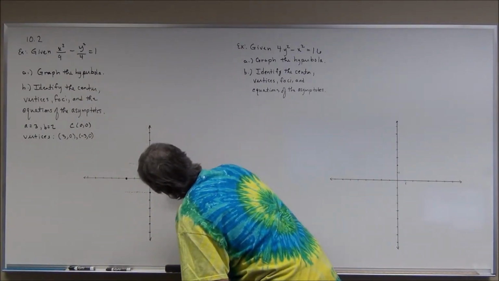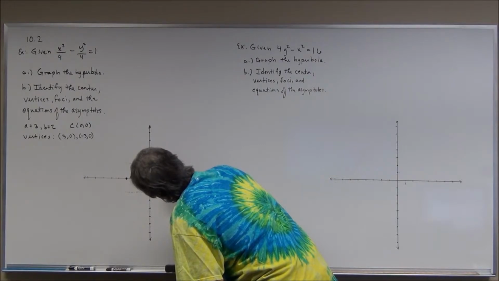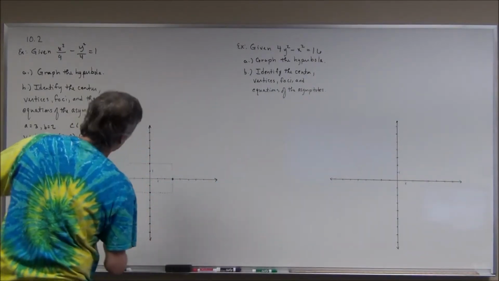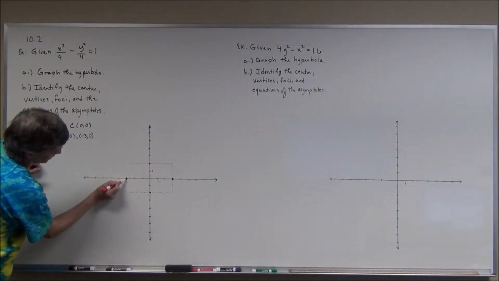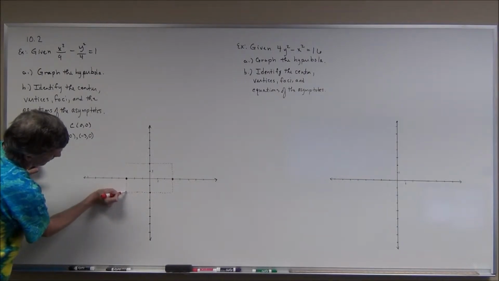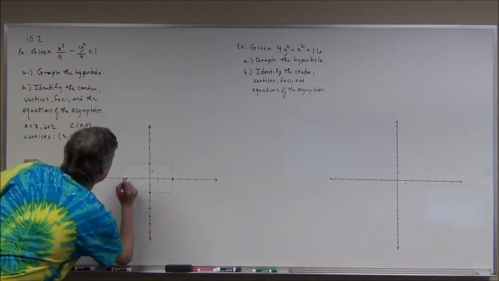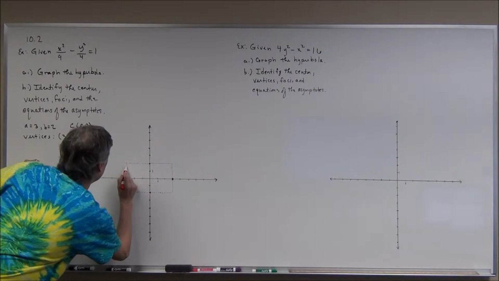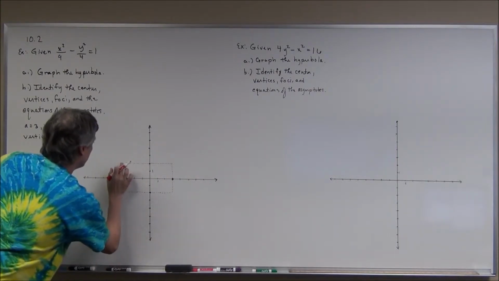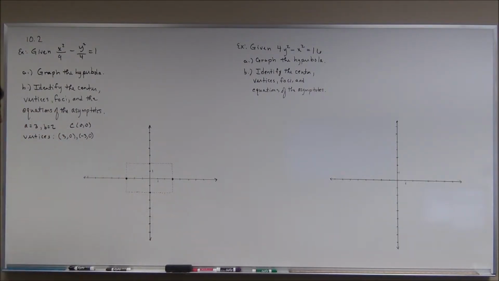I told you to get a ruler and be neat. I'm trying to at least be neat. That's a little shaky. Okay, that would be my representative rectangle.